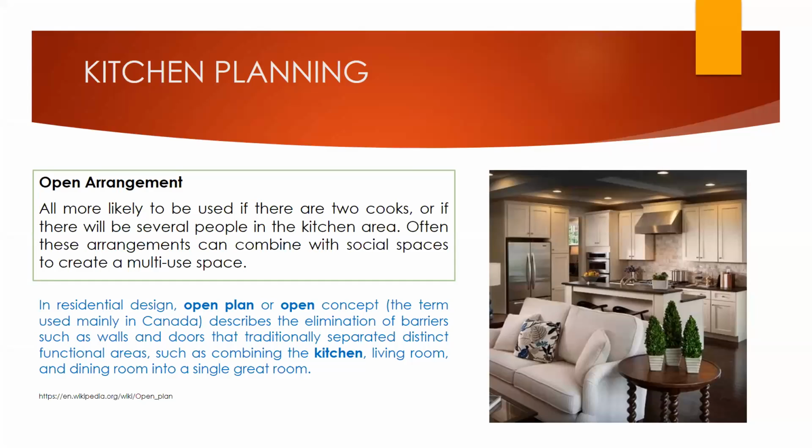So we saw previously the closed arrangement. Now we will talk about open arrangement. Open arrangement is really popular now, especially in small areas, as I told, especially small apartments. I saw some videos too. We talked about people buying these lofts, these kitchenettes in big cities like New York and Los Angeles.